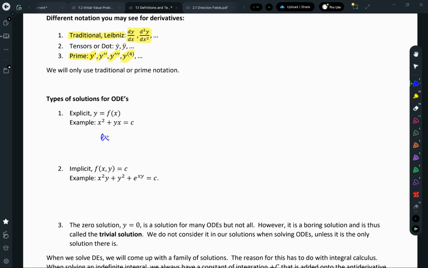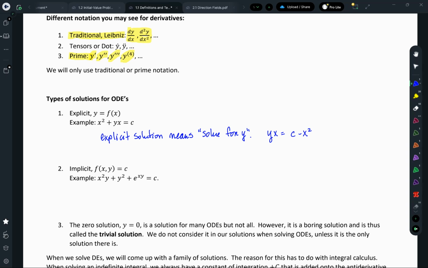So the explicit solution means solve for y. It also means that you even can solve for y. So if we solve for y here, we would first subtract the x squared and get yx is equal to c minus x squared.